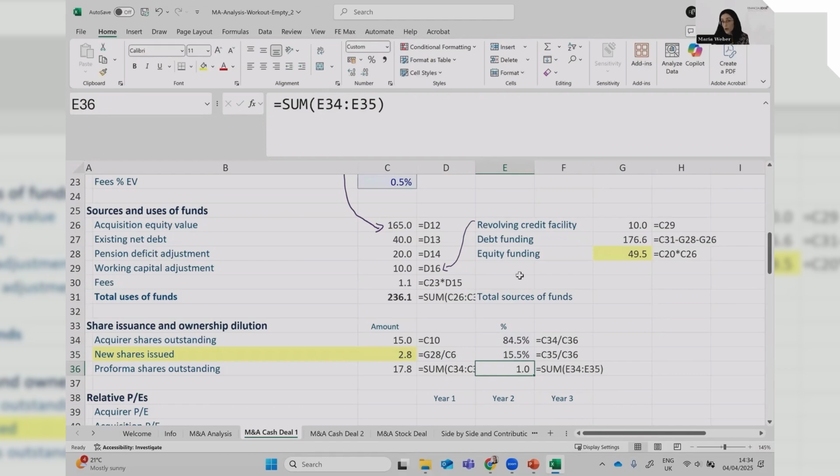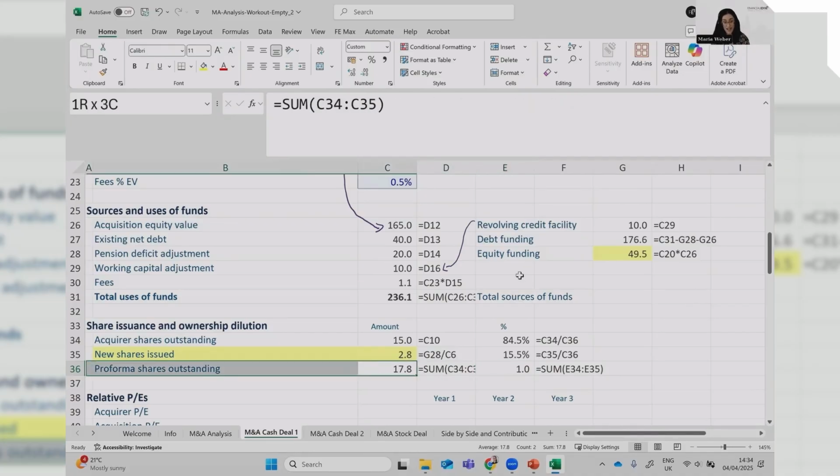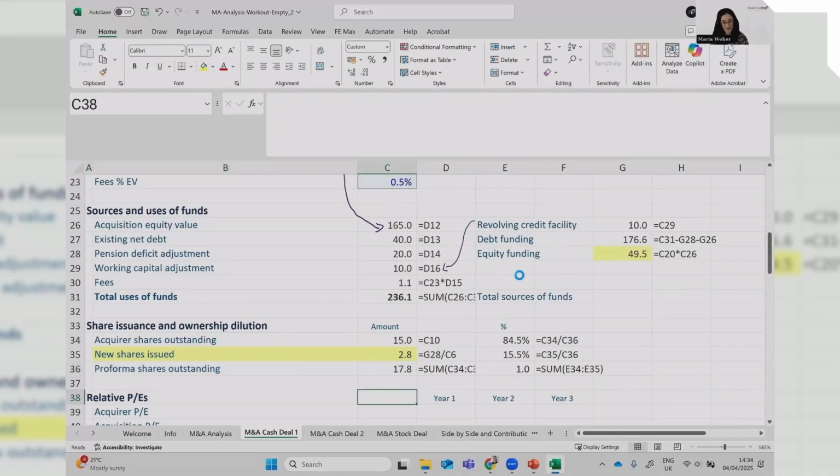So that is something we would want to keep an eye on, because if that goes below 50%, then actually the existing shareholders are losing control of the business. Okay, so we just keep an eye on those control percentages. We also need this pro forma shares outstanding for the next section that we're going to be doing, which is earnings per share accretion or dilution. Any questions, please ask.